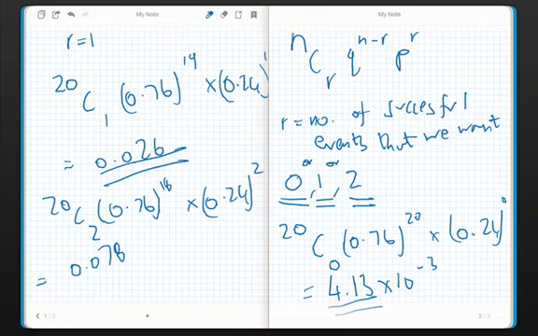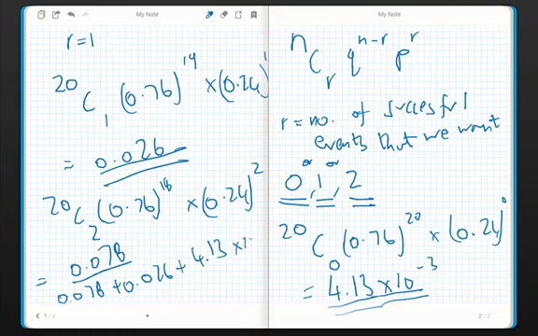Now, since we want the probability of the number of 5s being less than 3, that is 0 or 1 or 2, the OR tells us that we have to add these three probabilities. If we had an AND, that is 0 and 1 and 2, we would multiply these three probabilities. So doing that, we would get 0.078 plus 0.026 plus 4.13 times 10 to the power of minus 3.